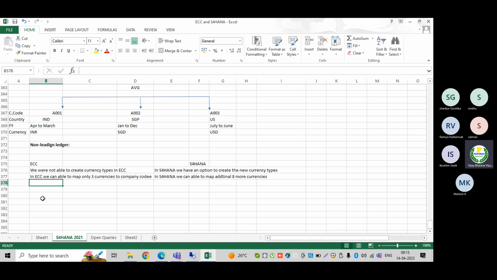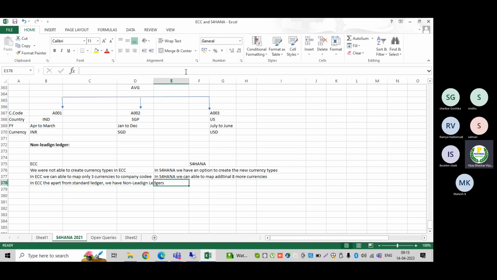Now in ECC, apart from the standard ledger 0L, we have non-leading ledgers.